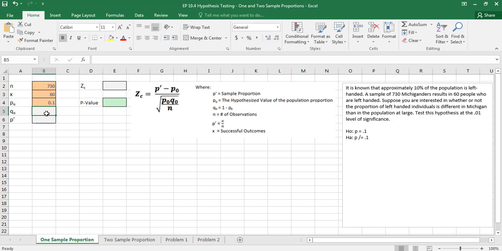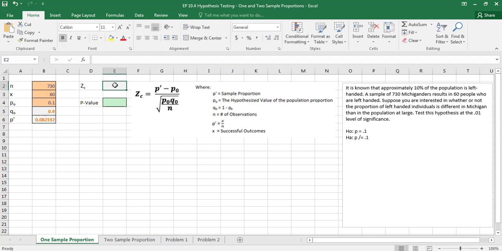Alright, next in the white cells we will enter in formulas to calculate their values. So first q sub 0 is 1 minus p sub 0, so I'll enter equals 1 minus, and then click on p sub 0 and press enter. Next, p prime is equal to x divided by n, so I'll put equals, click on x, divide by n, and press enter.